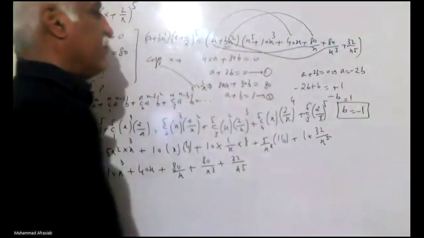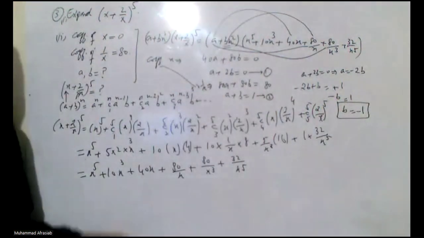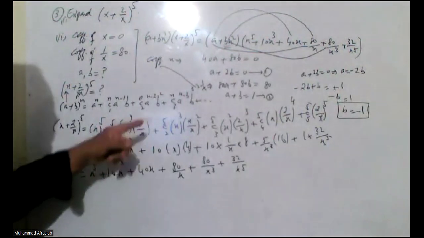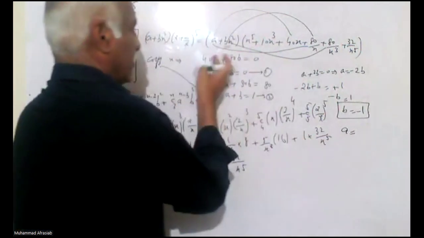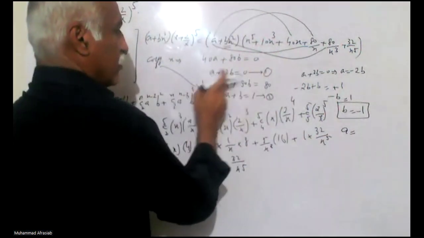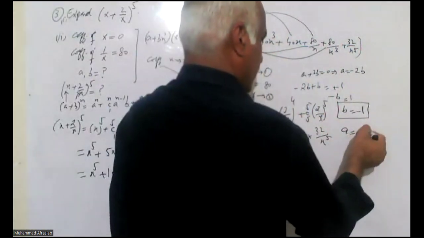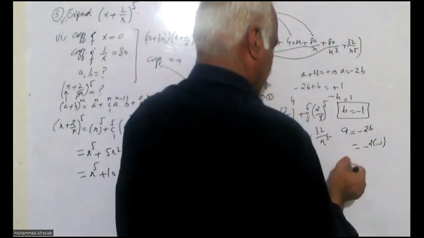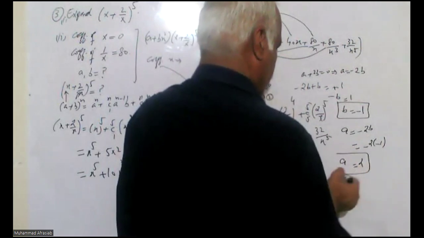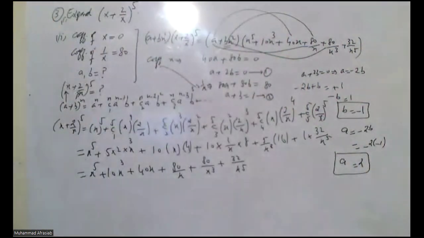So this is the value of b. Then the value of a will be, you can use equation 1, a is equal to minus 2b, or that should be equal to minus 2 into minus 1, or a should be equal to 2. So this is the way that you can find out the coefficients of x and 1 over x in this expansion of the binomial theorem.